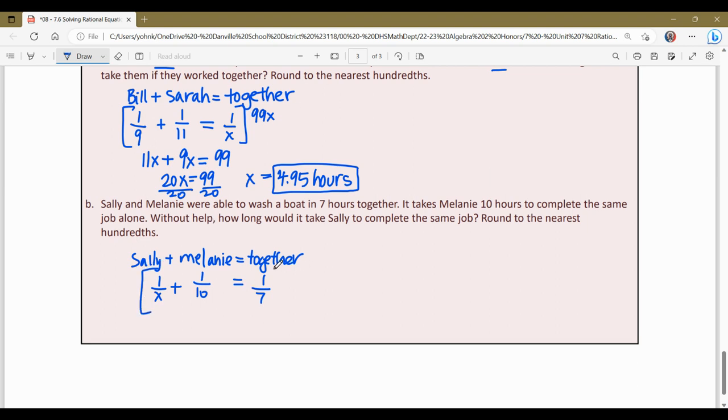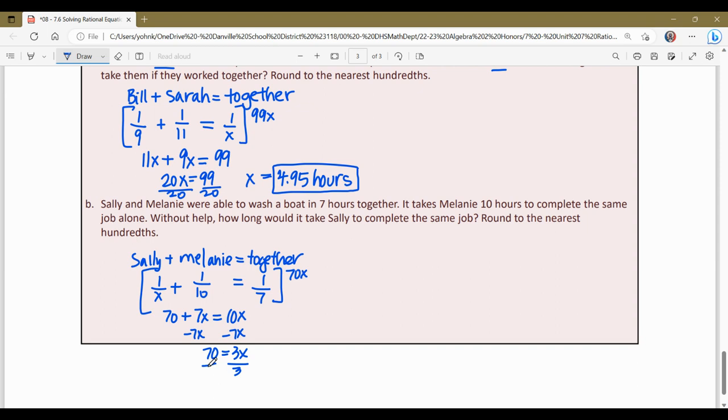It doesn't matter as long as it's on the proper side for the problem you're doing. Here we can multiply by the LCD, which is going to be 7 times 10 is 70 with an x. Then I'm going to distribute. 1 over x times 70x is 70. 1 over 10 times 70x is 7x, equals 1 over 7 times 70x is 10x, minus 7x, minus 7x. 70 equals 3x.